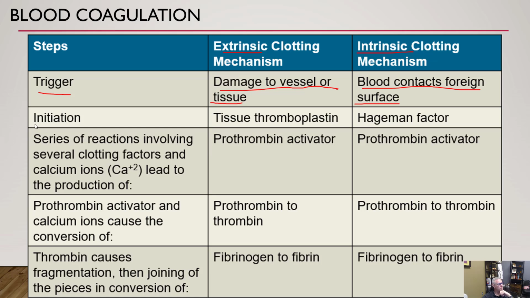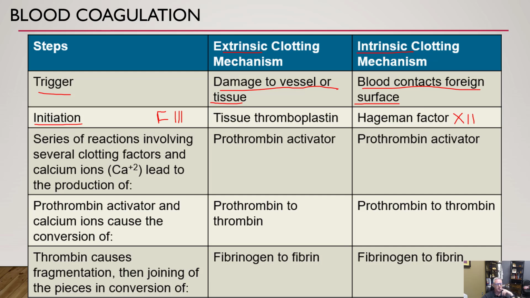Our trigger or initiation on the extrinsic side is tissue thromboplastin, and tissue thromboplastin is factor 3, and we use Roman numerals. On the intrinsic side, Hageman factor is factor 12.